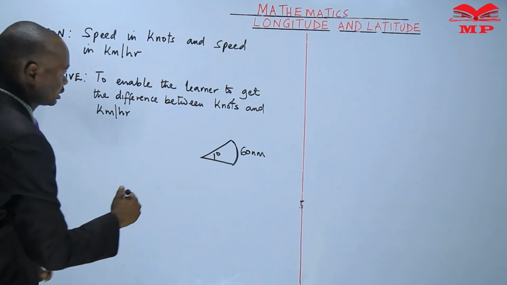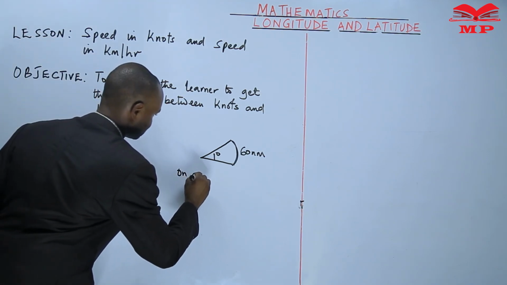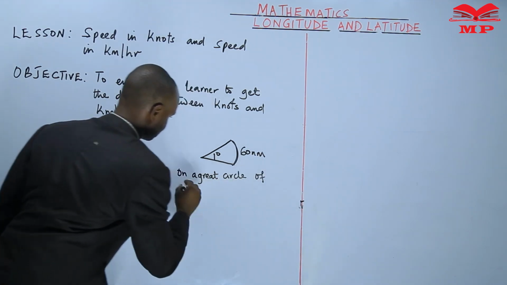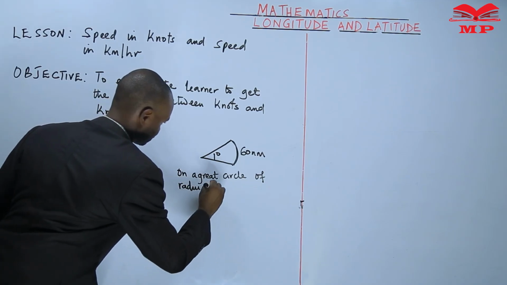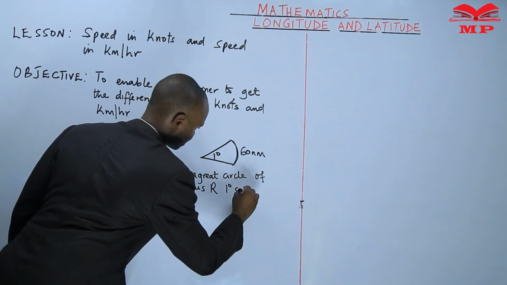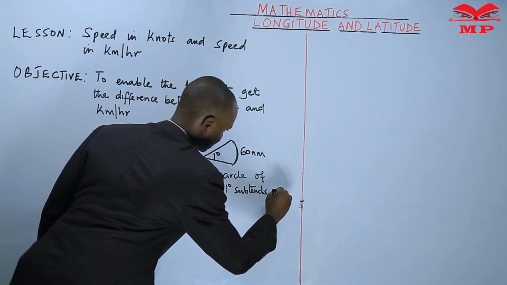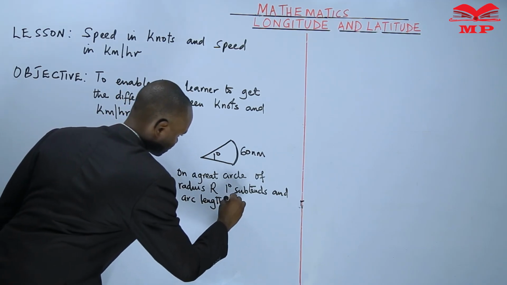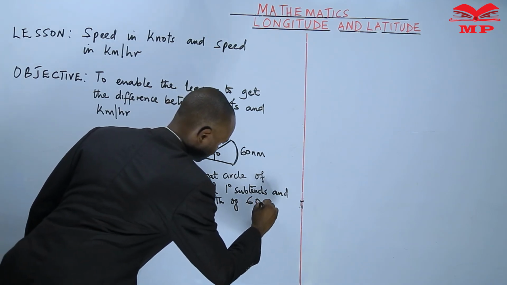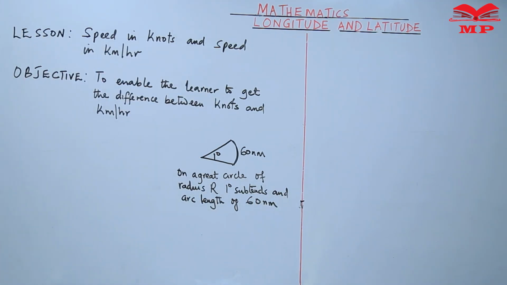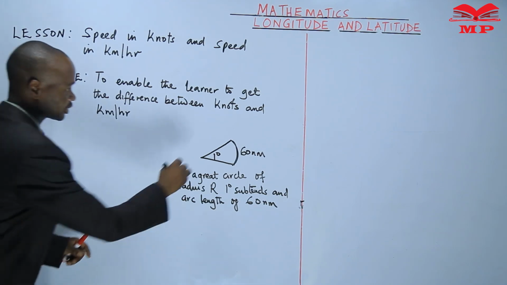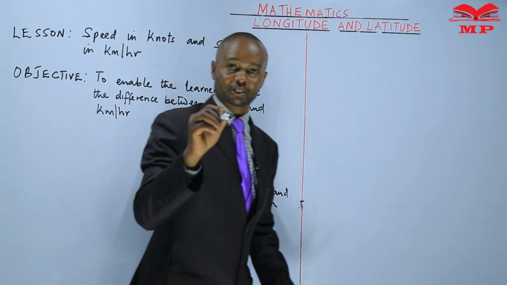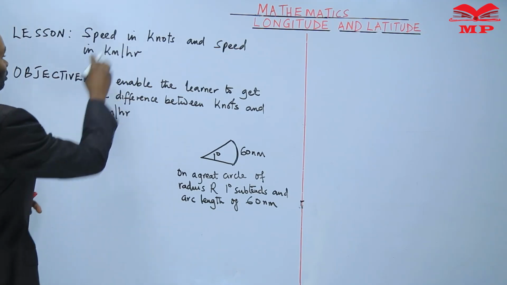So we can get this distance in kilometers, and then we get the relationship first between the kilometer and the nautical mile before we move to the knot.